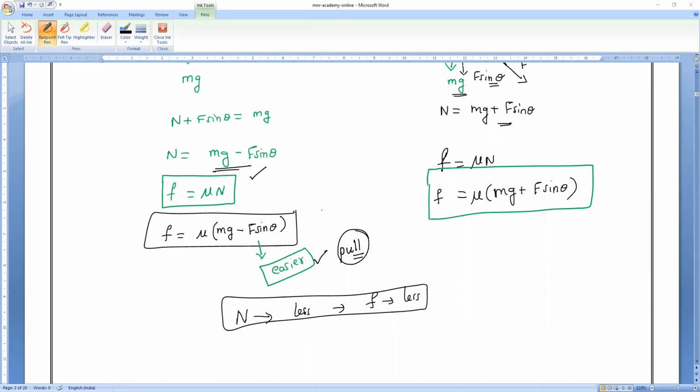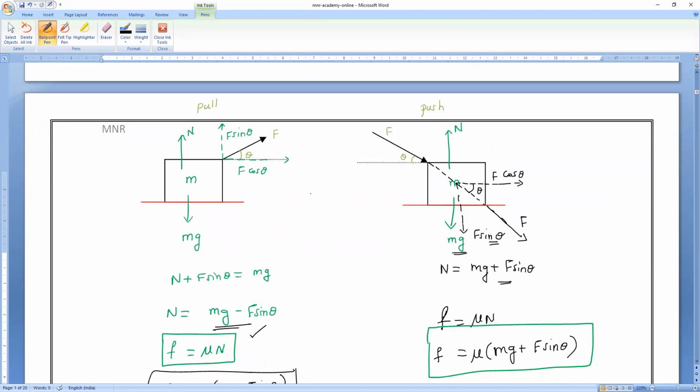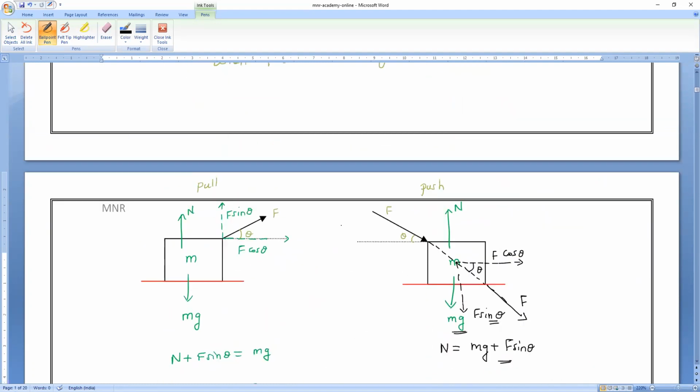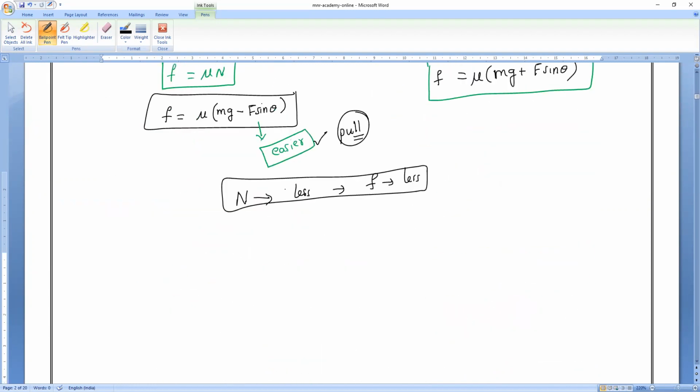You have to work. Do you all understand, Mr. Prados? Clear? Which is easier? So pull is always easier than the push when you apply the force on an incline. That is what you have to remember. Okay. Everybody clear? Understand or not? Yes, sir.